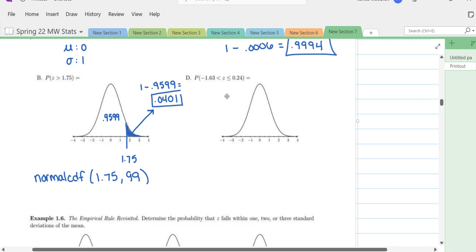Okay, now for D, this is going to be in between two values. So here you would go negative 1.63 and then 0.24. So maybe that's like really close to 0, about right here.